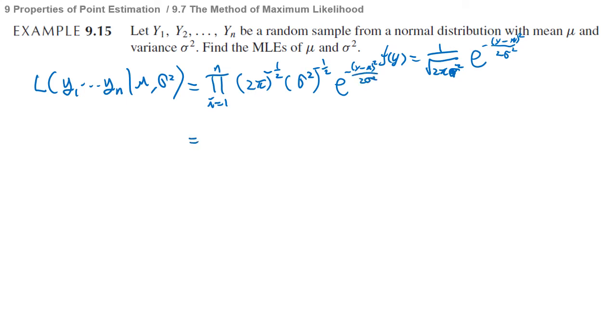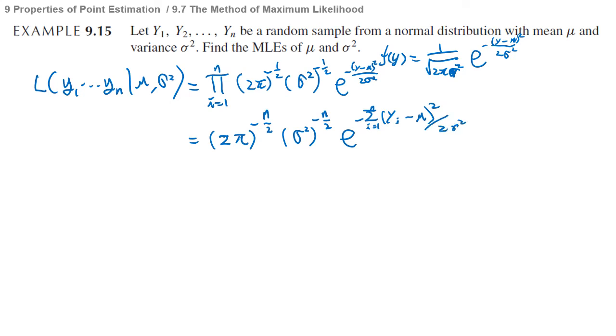And this is actually (2 pi) to the minus n over 2, and this is sigma square to the minus n over 2, and this is e to the minus sum of i equals 1 to n (yi minus mu) squared over 2 sigma square.